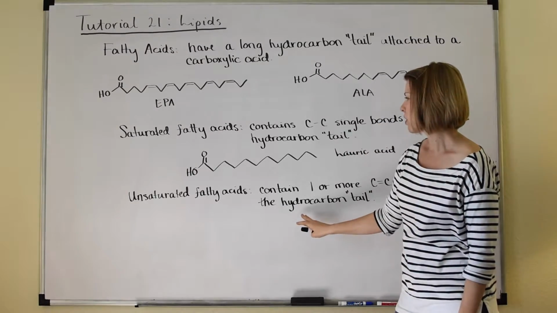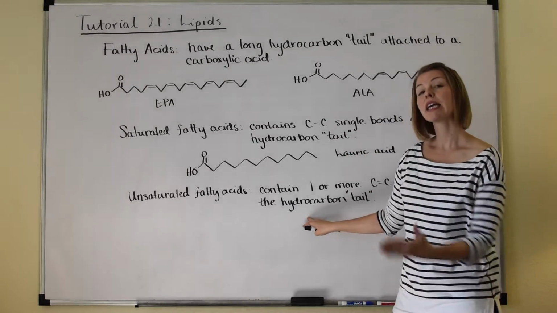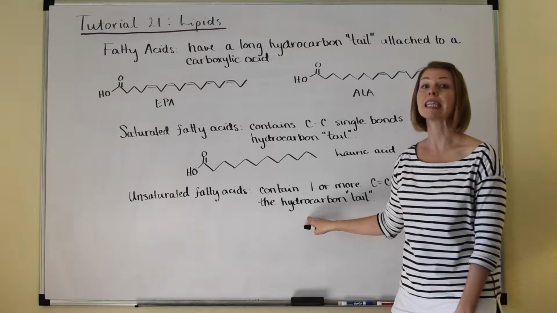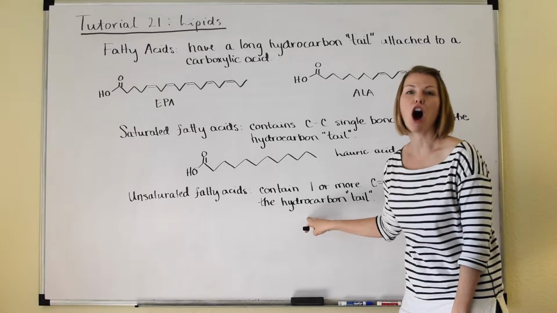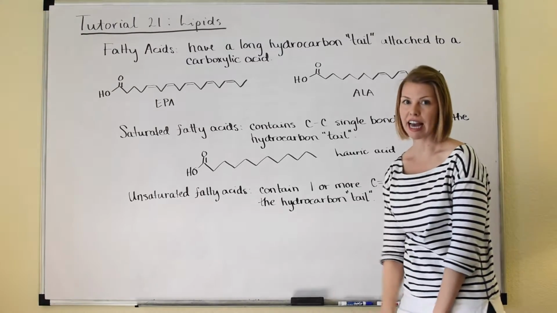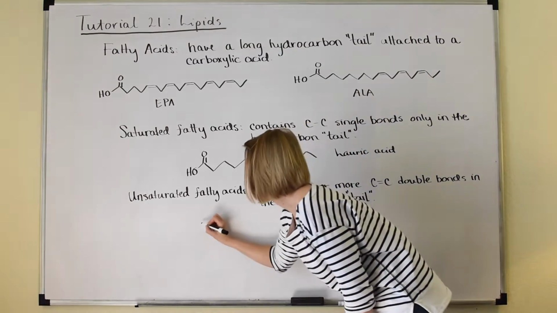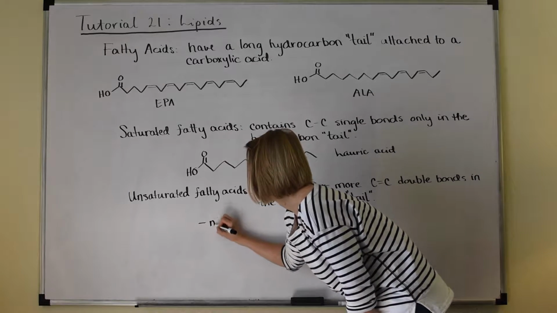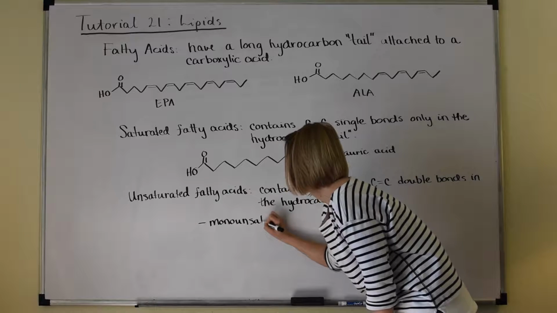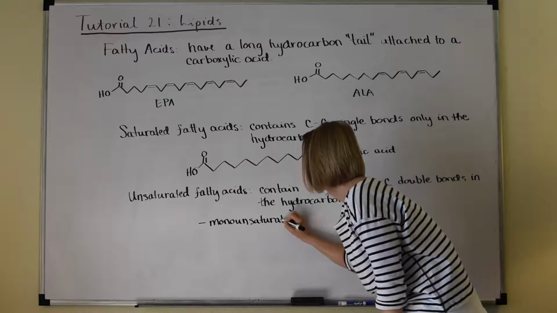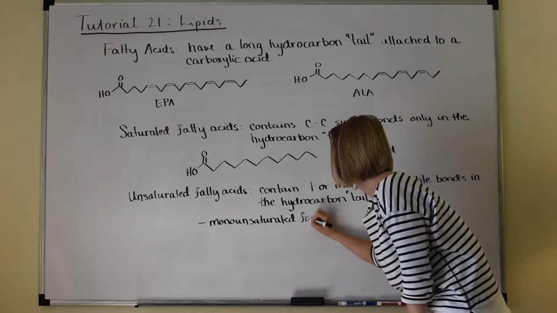All right, so unsaturated fatty acids can really be subcategorized even further as being monounsaturated or polyunsaturated fatty acids. So we're going to talk about those here. Put a little line. We've got monounsaturated fatty acids.